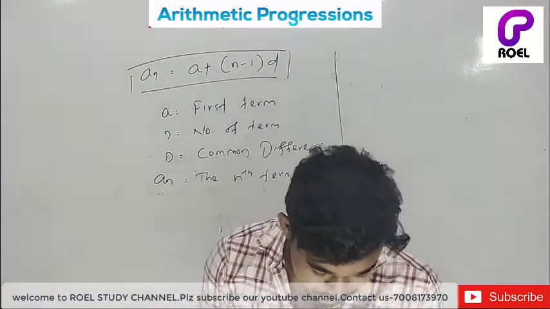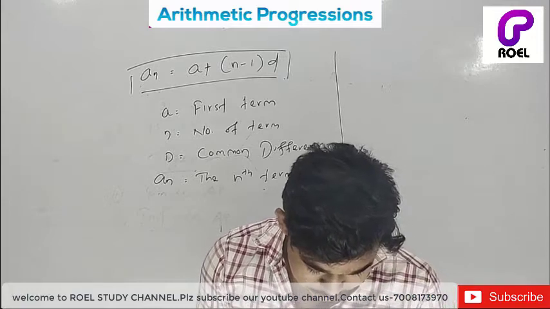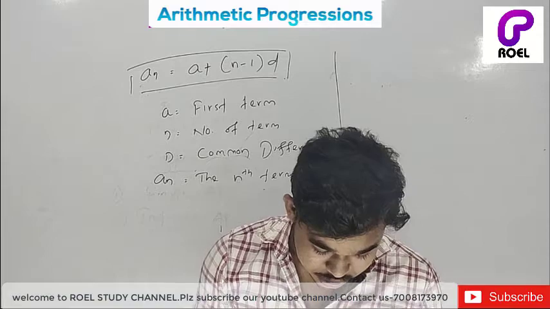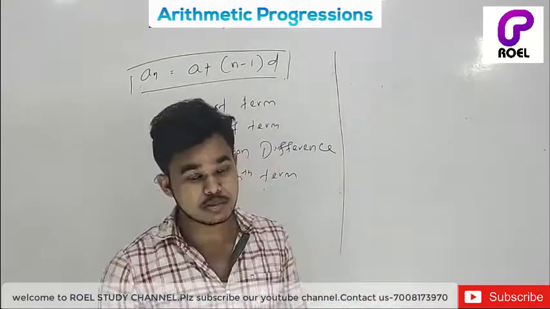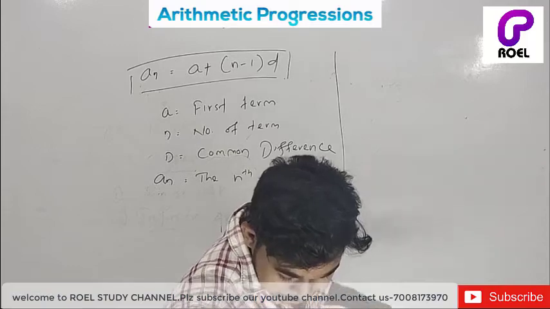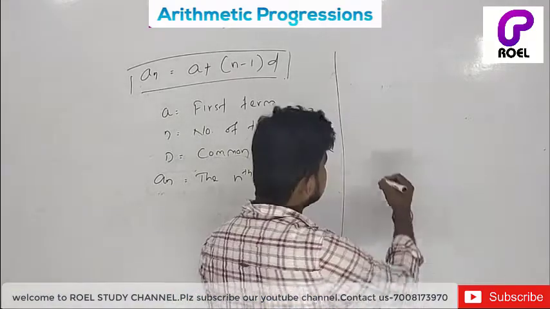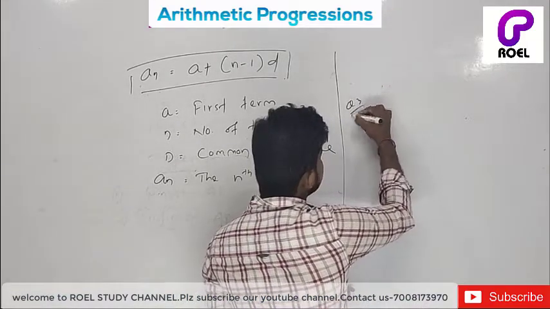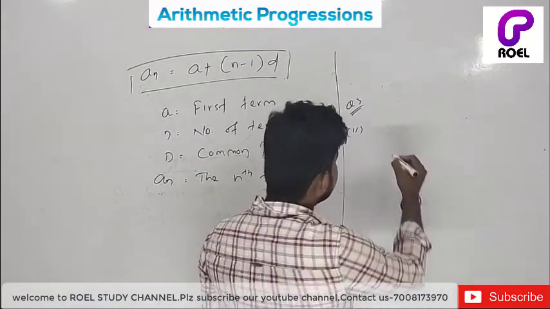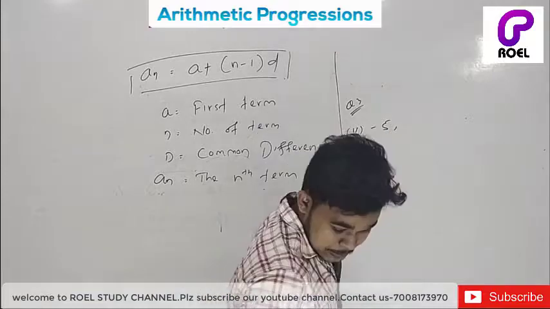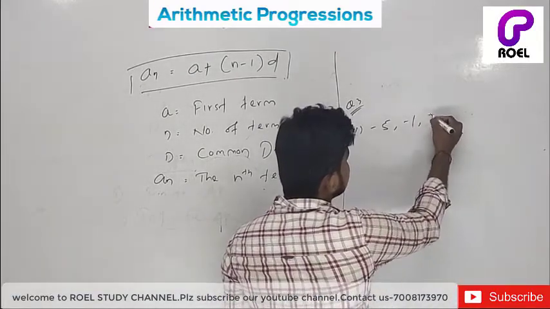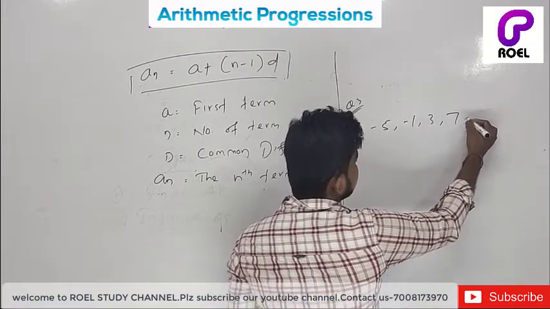क्वेश्चन नंबर 3. Question number 3, we will have a series, and we have to write the first term and common difference. In question number 3, part 2, you have -5, -1, 3, 7, and so on.